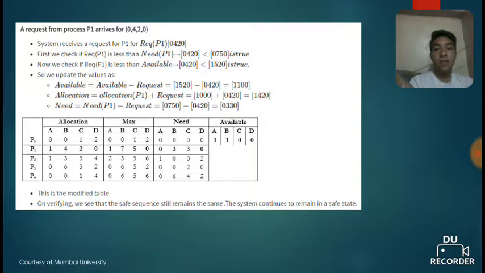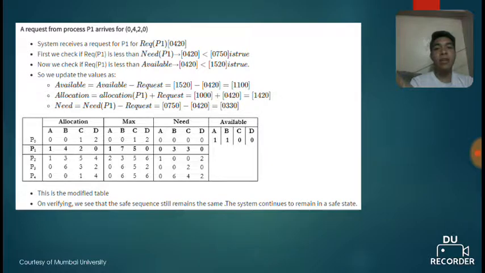Now we have the modified table, which gives us the new values of the matrices of process P1: in its allocation we have 1420, in the max matrix we have 1750, and in the need matrix we have 0330. And the available resources are now changed to 1100.